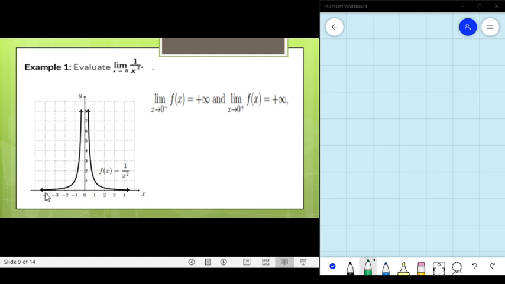As x approaches 0 from the left, it heads toward positive infinity. And if we evaluate the limit as x approaches 0 from the right, it also heads toward positive infinity. So we can conclude that the limit of f of x as x approaches 0 is positive infinity.